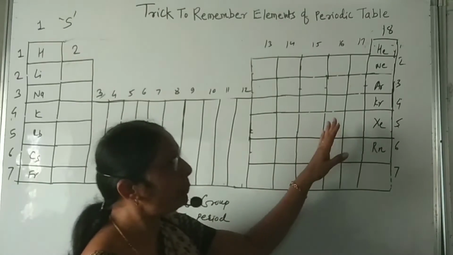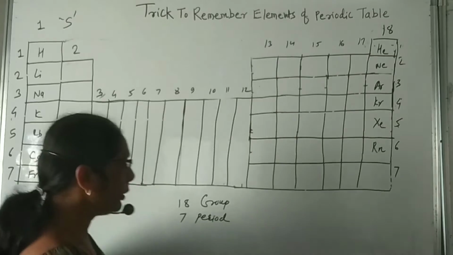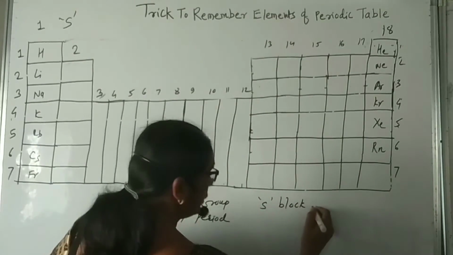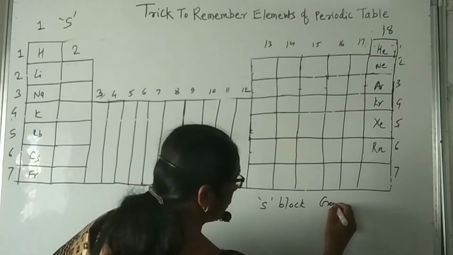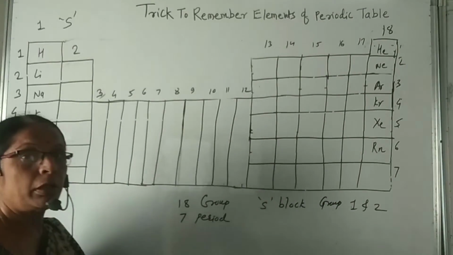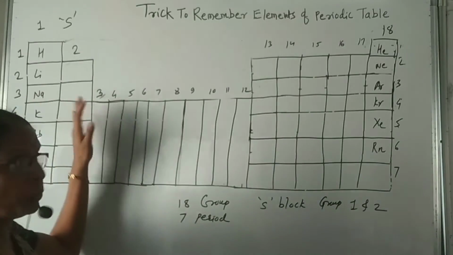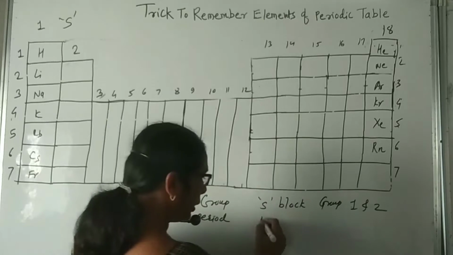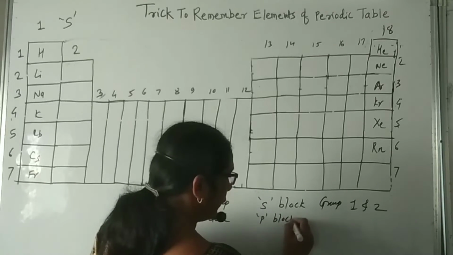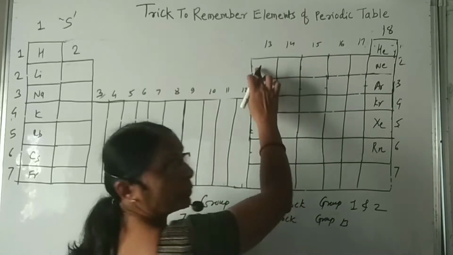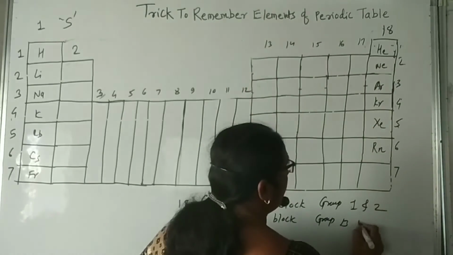S block elements include group 1 and 2. The P block elements start from group 13 to group 18.